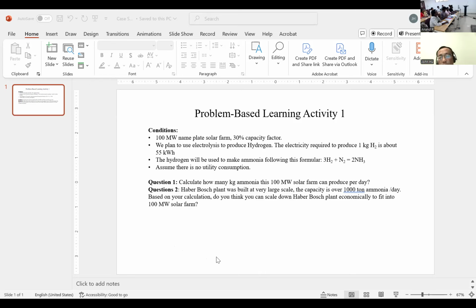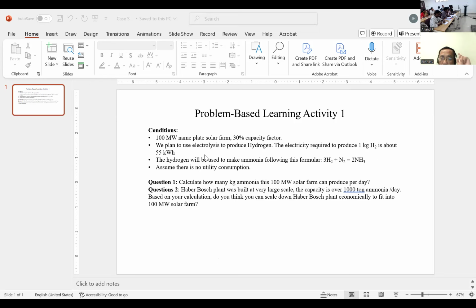Number two, the bullet point: we plan to use electrolysis to produce hydrogen. With this energy, you basically have an electrolyzer, and you put the microwave in there and generate hydrogen. I also give a condition: to produce 1 kilogram of hydrogen, you need about 55 kilowatt hours.